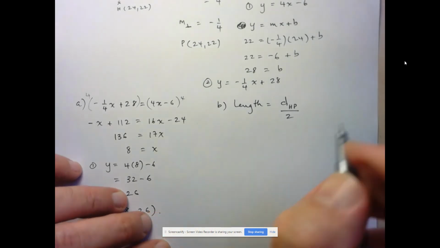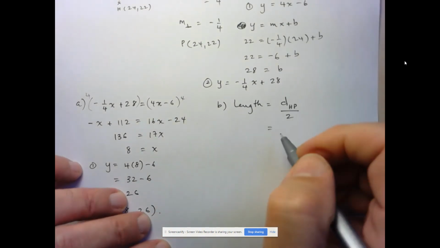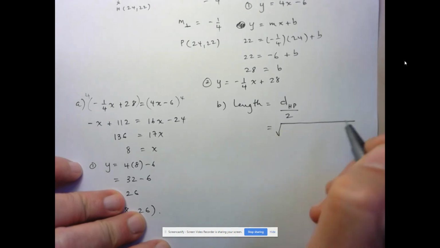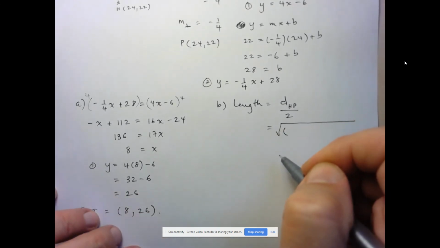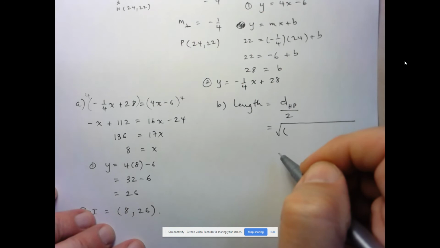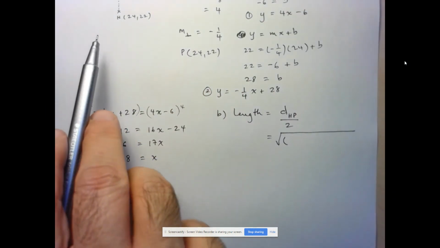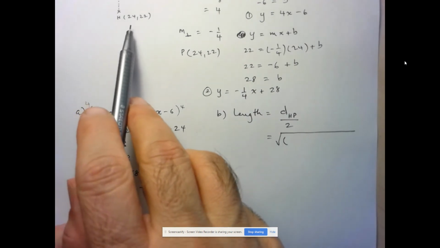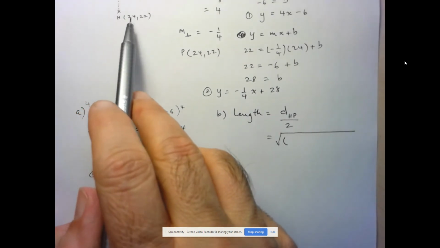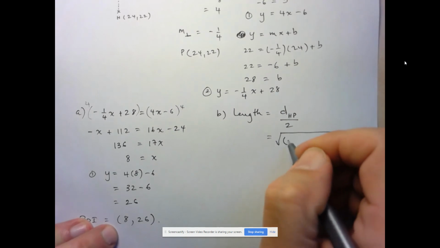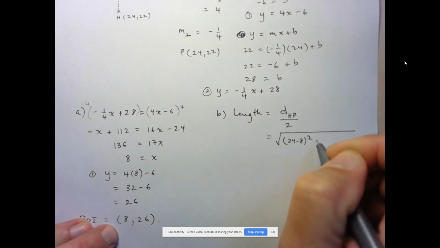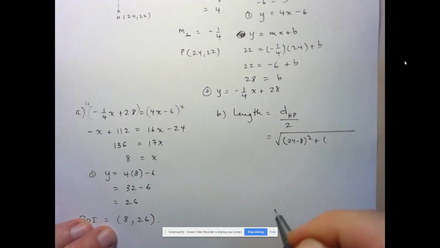All right. So here, how do we find the distance? Well, remember, it's x2 minus x1 squared. Okay. So remember here, we're looking for the distance between H and P. So we've got 24 minus 8 squared. Okay, and then you add the difference in the y squared.